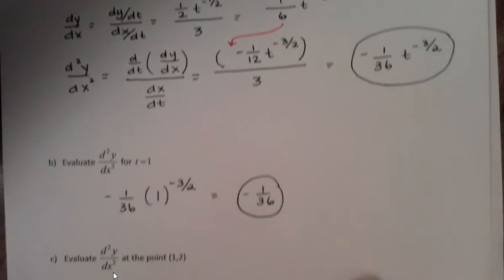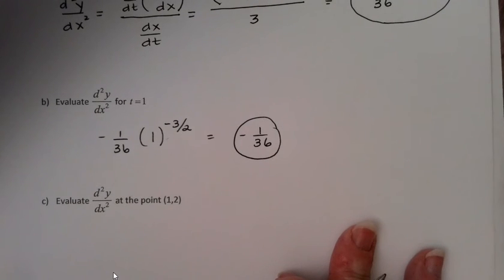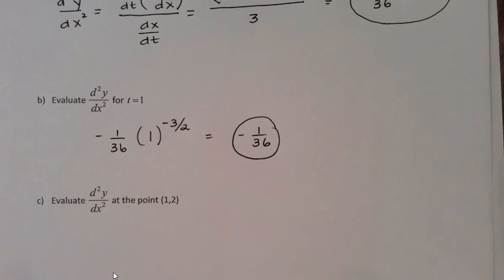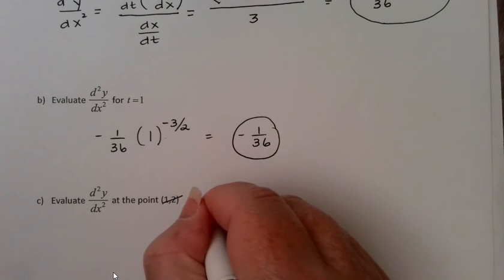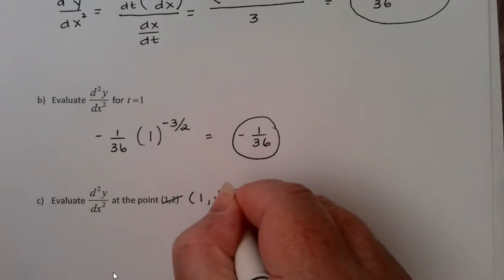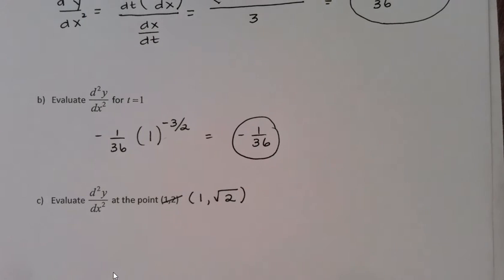And then finally, and there's a typo on this one, we'll fix that before we do the problem. It says to evaluate the second derivative at the point (1, 2). That point is actually not on the graph. There should have been a square root on that too. So please redo that. It should be the point (1, square root of 2).